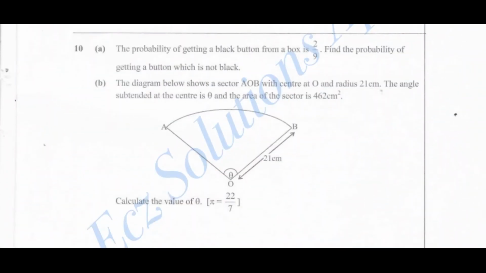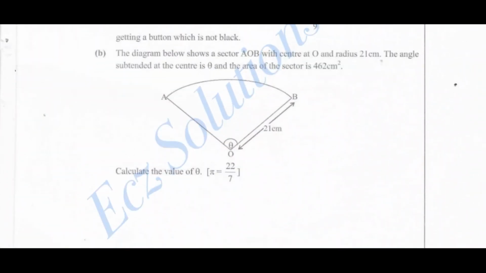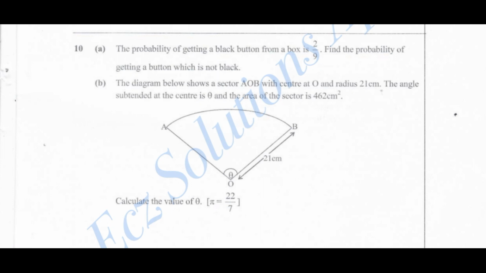Now we move on to question 10a. The probability of getting a black button from a box is 2/9. Find the probability of getting a button which is not black.